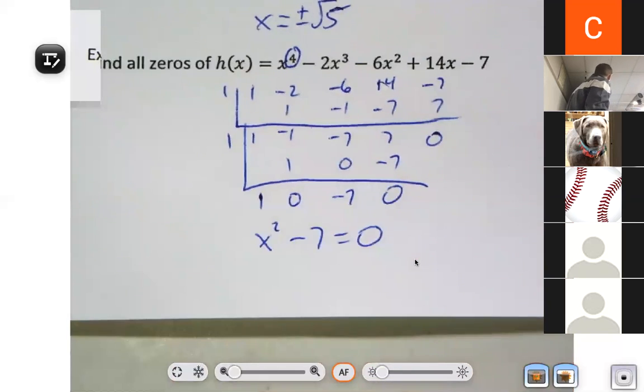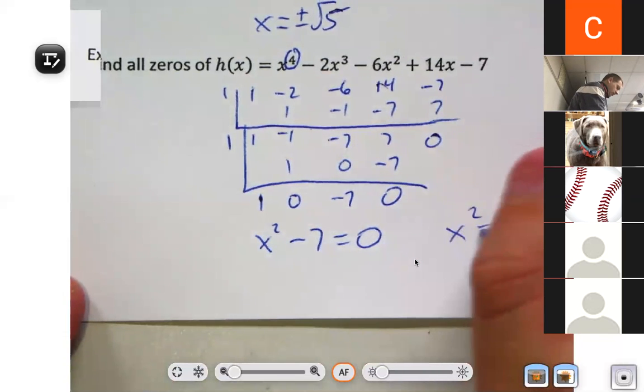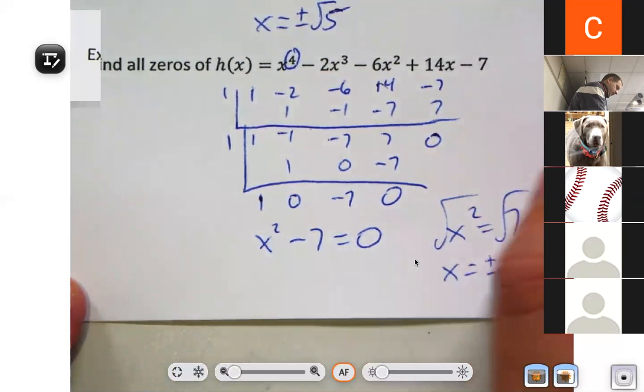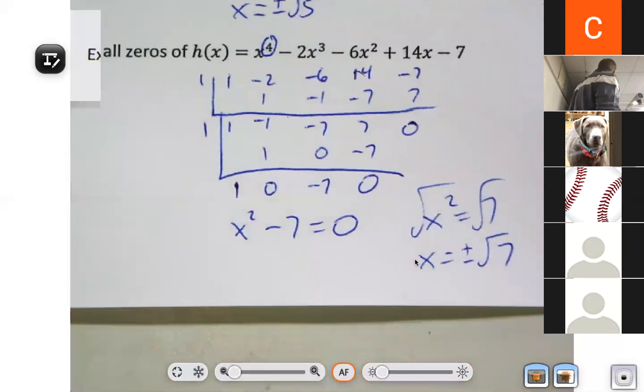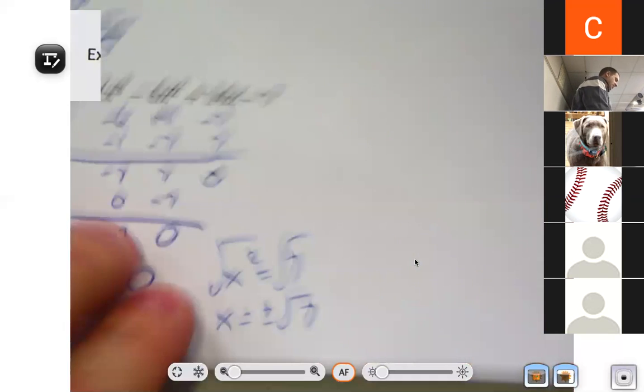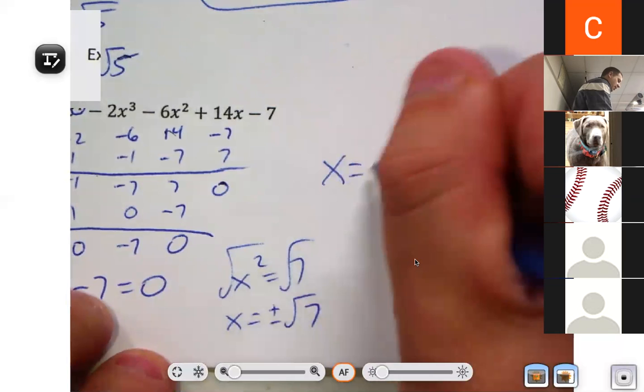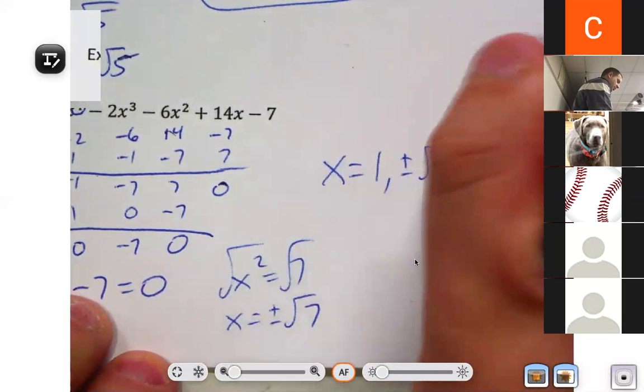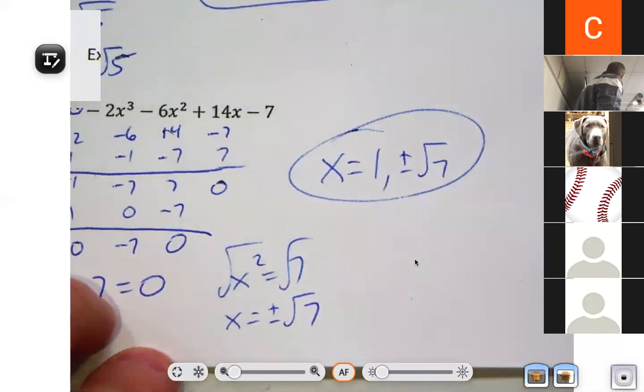We're going to set that equal to 0, and we're going to solve this to get those other answers that were some irrational number. So add 7, square root. We get plus or minus square root of 7. Don't forget plus or minus. When we list the answers, again, you don't have to list the 1 twice. You just say x equals 1 and plus or minus square root of 7. Those are the answers to this equation.